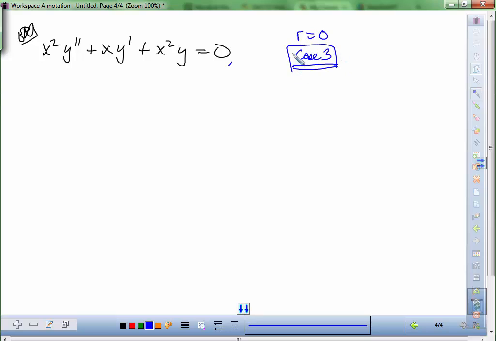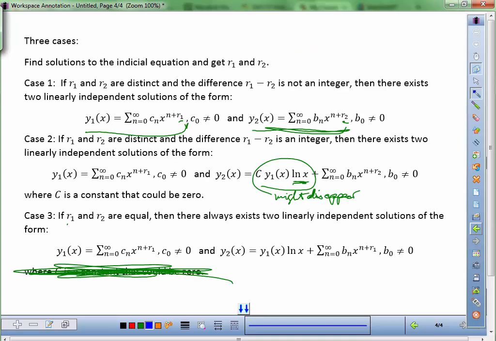So we can say that we are looking at case 3, where the two roots are equal. And so what we're going to do is first try to find our first solution, y1.